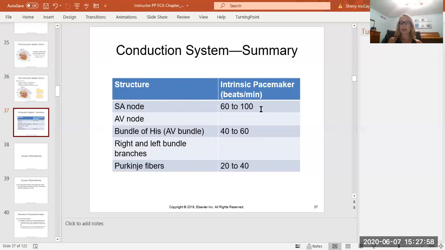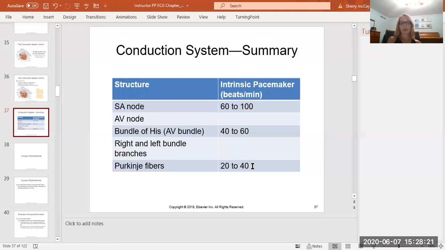But remember, it can go up to 180. And then the AV node, we're not going to talk about that, but the bundle of His, or the AV bundle, is 40 to 60 beats per minute. And the Purkinje fibers is 20 to 40.